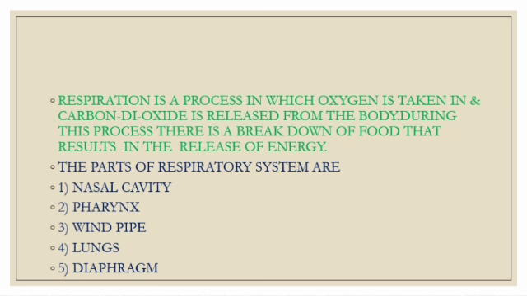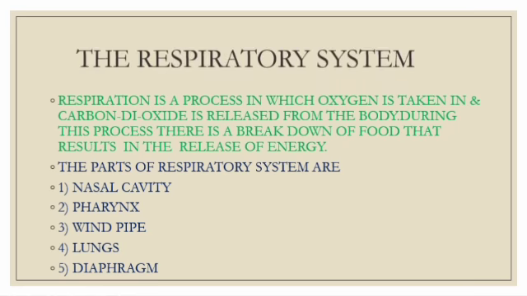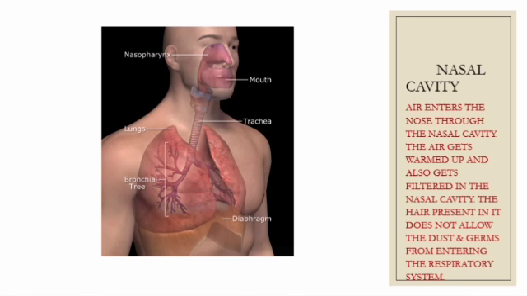The parts of the respiratory system are the nasal cavity, pharynx, larynx, which is also called the voice box, then the windpipe, the lungs, and the diaphragm. Coming to the first part, that is the nasal cavity. In this picture, children, you can see very clearly the nasopharynx, the nasal cavity.